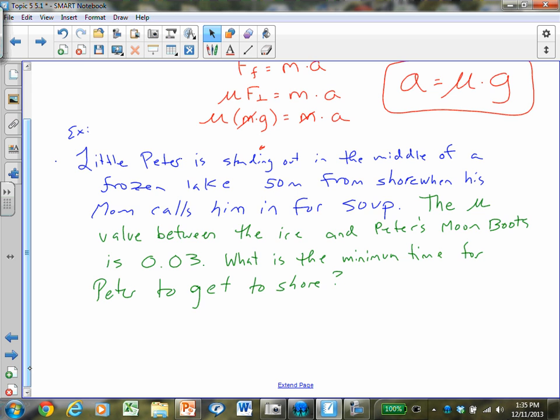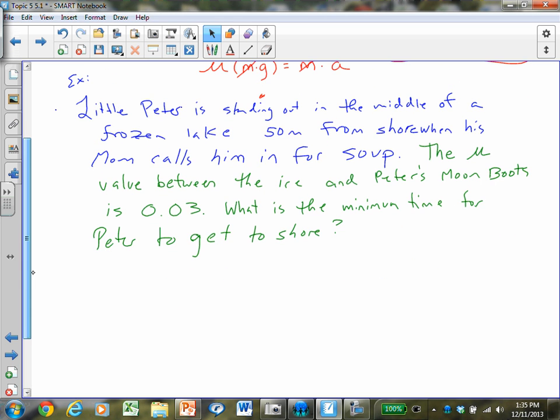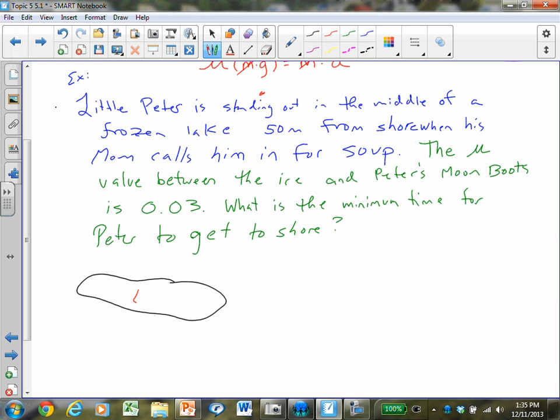So if we have a person, little Peter's out on the middle of the frozen lake, 50 meters from shore, okay, his mom calls him in for soup.